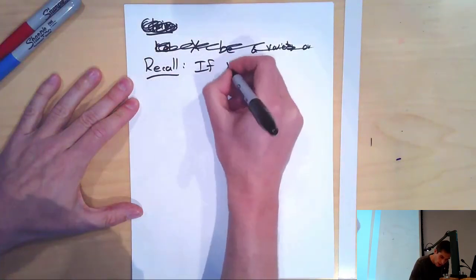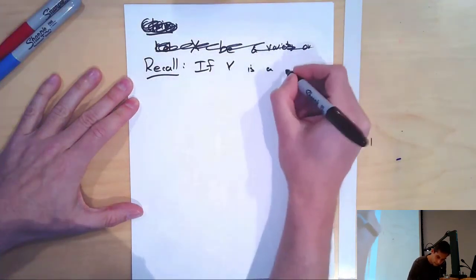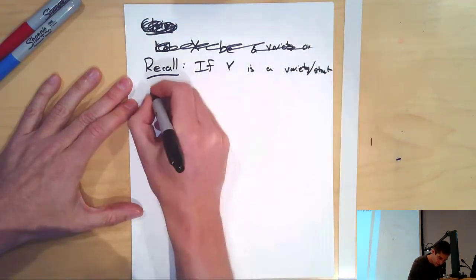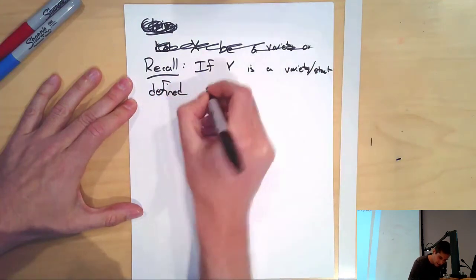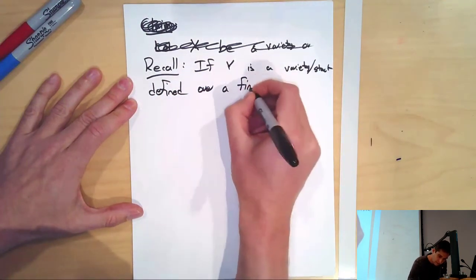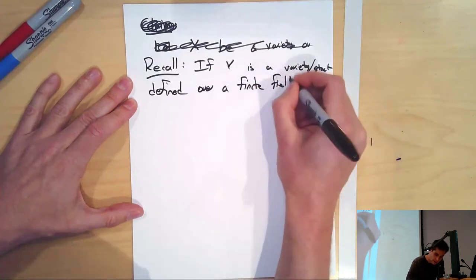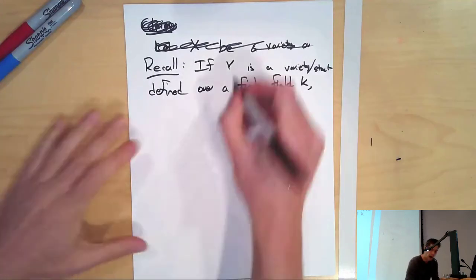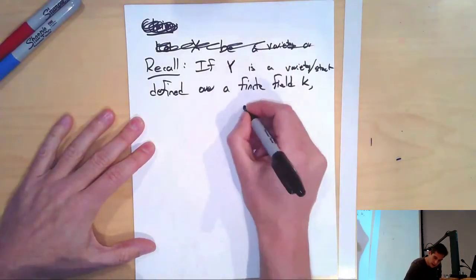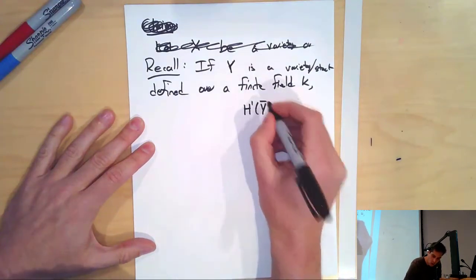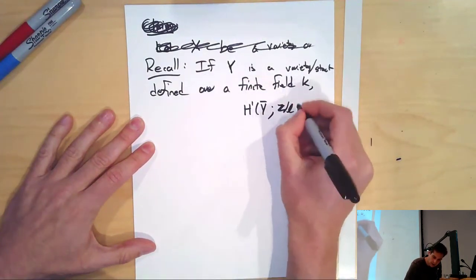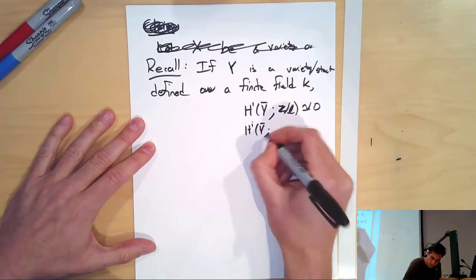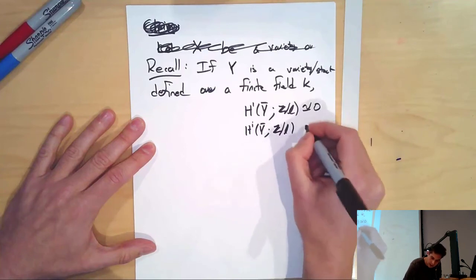So if Y is a variety or a stack defined over a finite field K, and in the previous lecture, I made some assumptions about the Y that I was interested in. I assumed that H1 of Y bar with Z mod L coefficients was 0, and that Hi of Y bar with Z mod L coefficients is finite for all i.